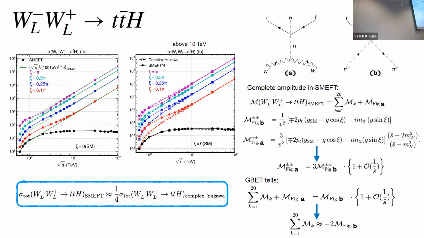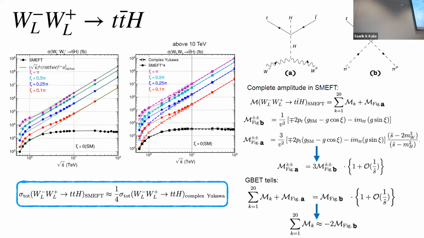But I knew that adding this diagram in unitary gauge to the 20 diagrams in unitary gauge, we get this one, right? And this diagram is easy to calculate in the unitary gauge because it's clear. It's very easy. And the important thing is this initial W polarization vector is E over MW, okay? But this E squared is cancelled by this s-channel Higgs propagator, right? And because of this, the total power of the amplitude is this and this is the same.